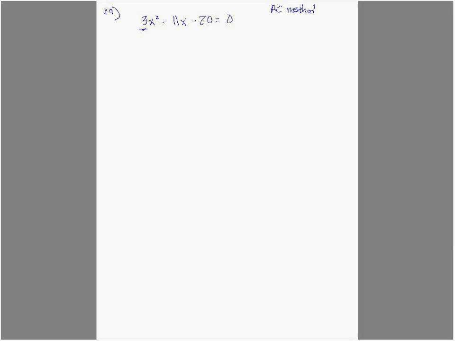So the AC method means we're going to multiply A times C. Our A is 3, and our C is negative 20. Multiplying them together, we get negative 60. We're looking for two numbers that multiply to be negative 60 and add to be the middle term here, negative 11.